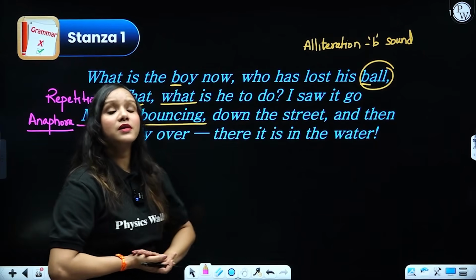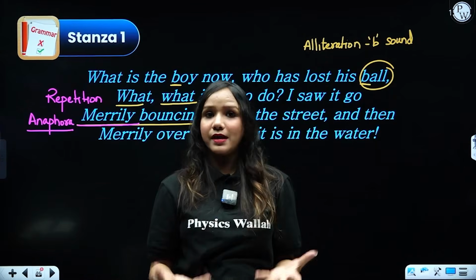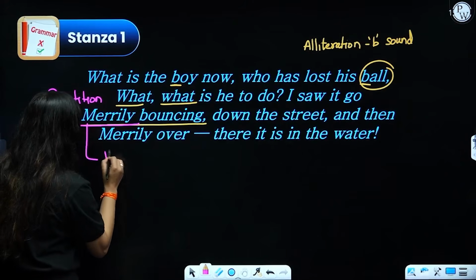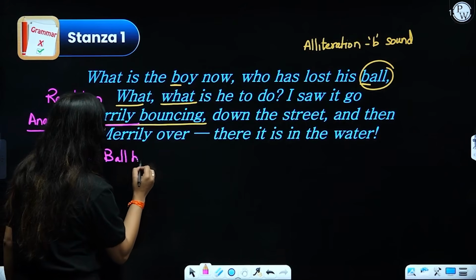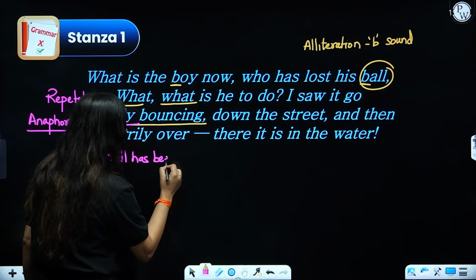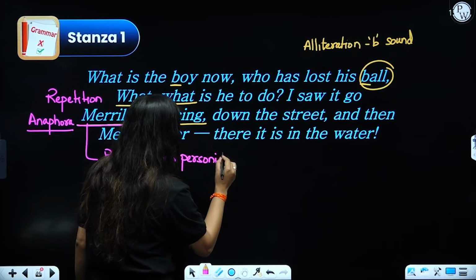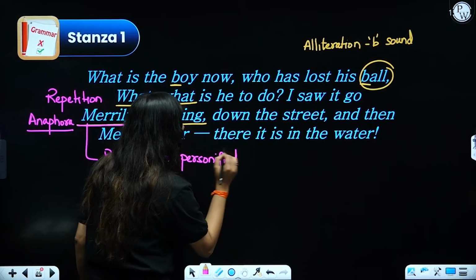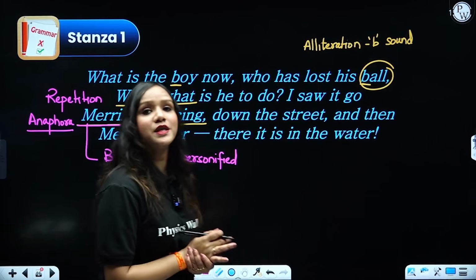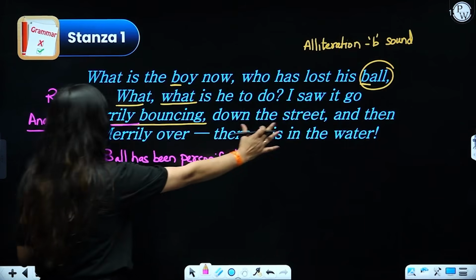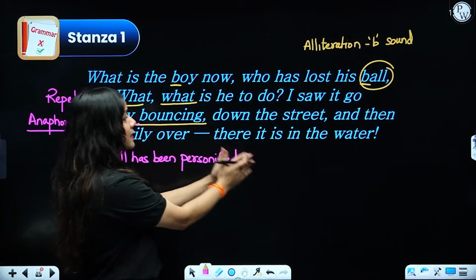So we have given a quality to something which is inanimate, right? So it shows the ball has been personified as well, just because we have given human attributes to an inanimate object. Down the street and then merrily over, there it is in the water.